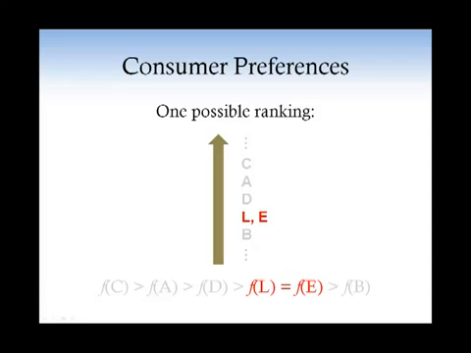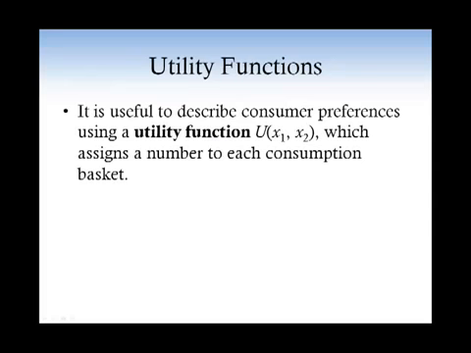That's exactly right. A function that represents Mary's preference is called Mary's utility function. So, what I'm saying is that it is useful to describe consumer preferences using a utility function that assigns a number to each consumption basket. Let me be clearer.